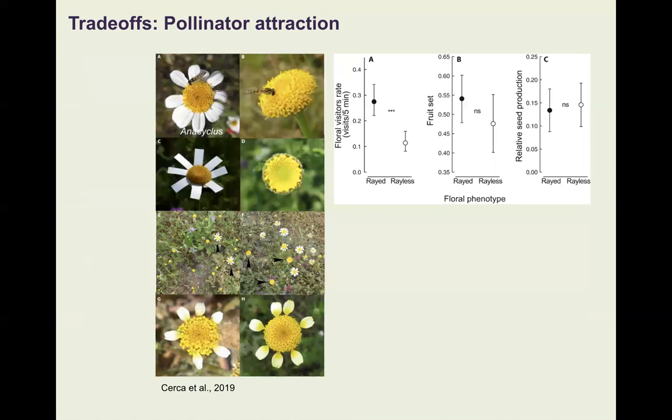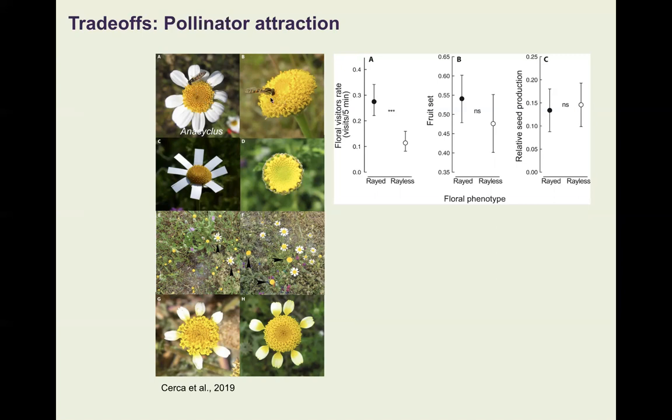So if you had a species, you could test the relative benefit of one of these structures. I like this study. This is one of those field manipulations where they took a plant that has variation in whether or not it has these ray flowers around the outside. The white parts are the rays, so-called. Sometimes this species has them, sometimes not.